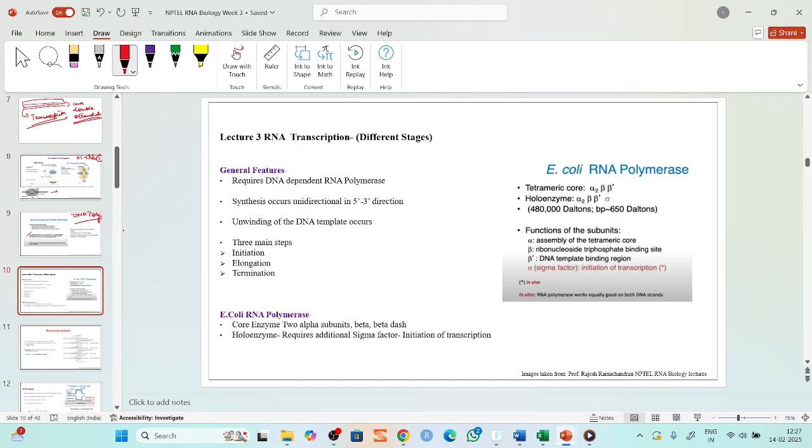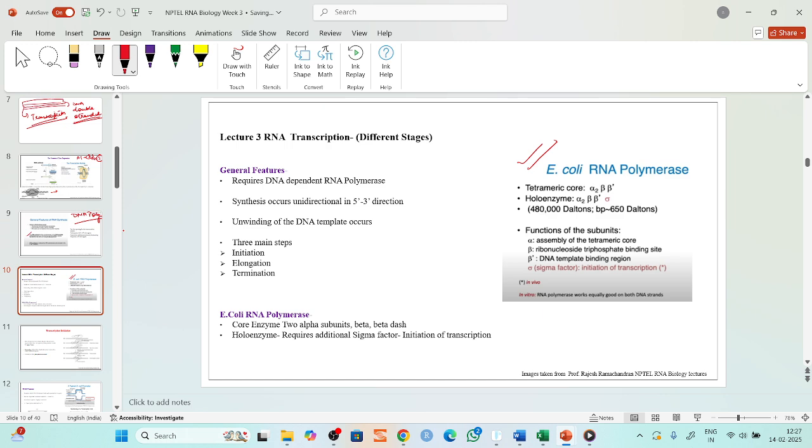So now when we talk about RNA polymerase, RNA polymerase is different for E. coli and in the case of eukaryotes. E. coli means prokaryotes.